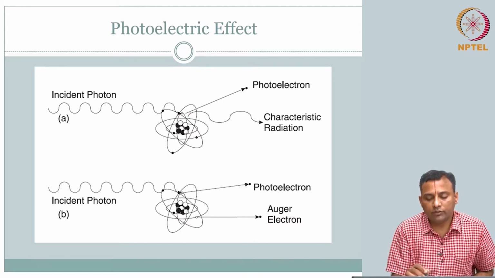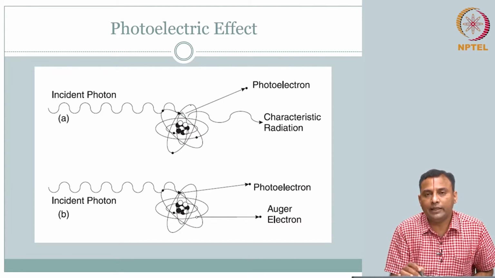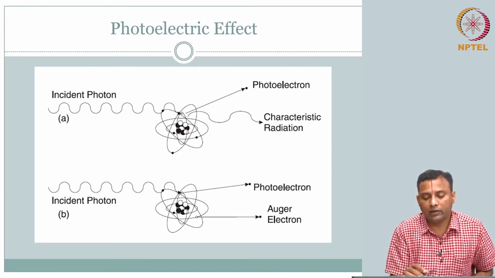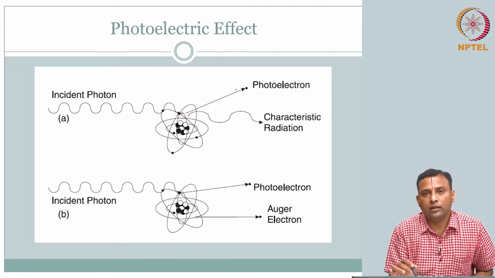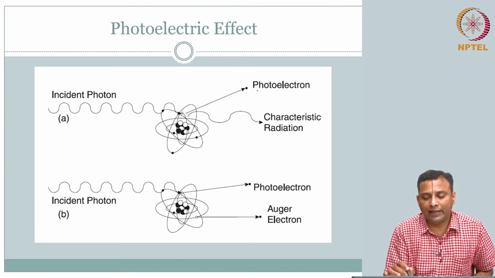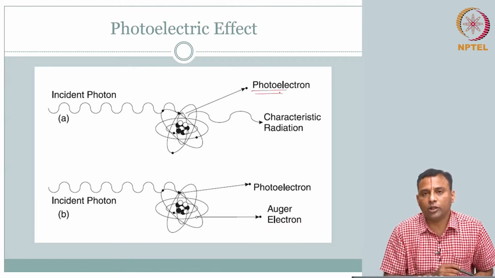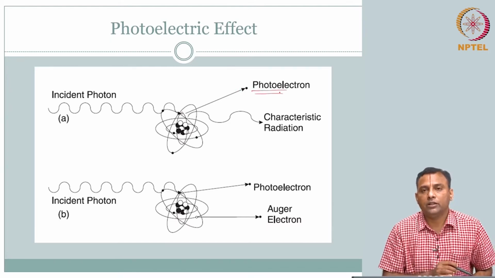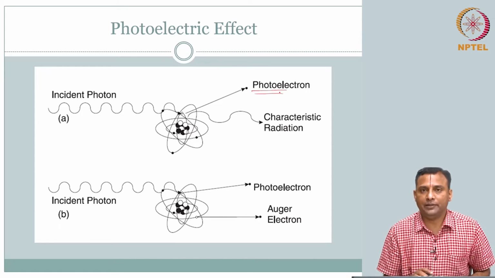The full incident photon gets absorbed completely by the atom in this field, and if it has enough energy, greater than the K shell binding energy, then the electron in the K shell will be knocked out. It is given the name photoelectron because of the process by which this electron was generated.